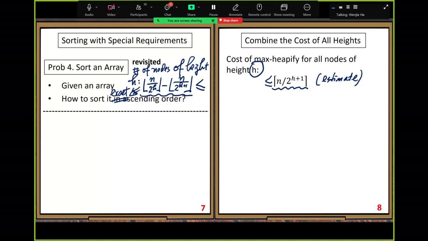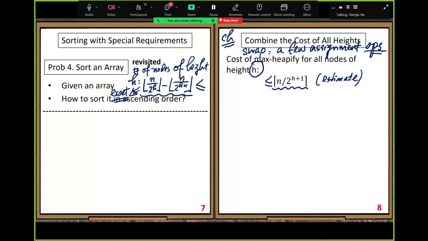Okay. Let me look at Elroy's question. For the swap, shouldn't that be H as well, since we would be swapping? Yeah, for Elroy's question, that's why I count it as C times H. Now you're talking about the swap operation, right? A swap operation contains a few assignment operations.